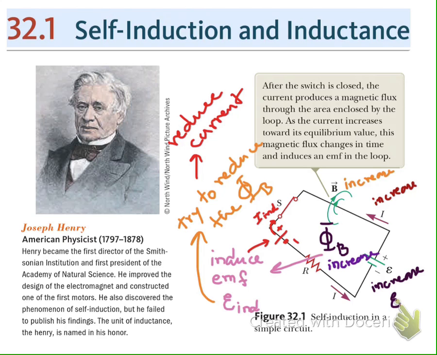And from this additional EMF, we will define a parameter that tells us, if you have a wire like this, a circuit like this, how much energy you have to put into the system to sustain this current I from the original source.